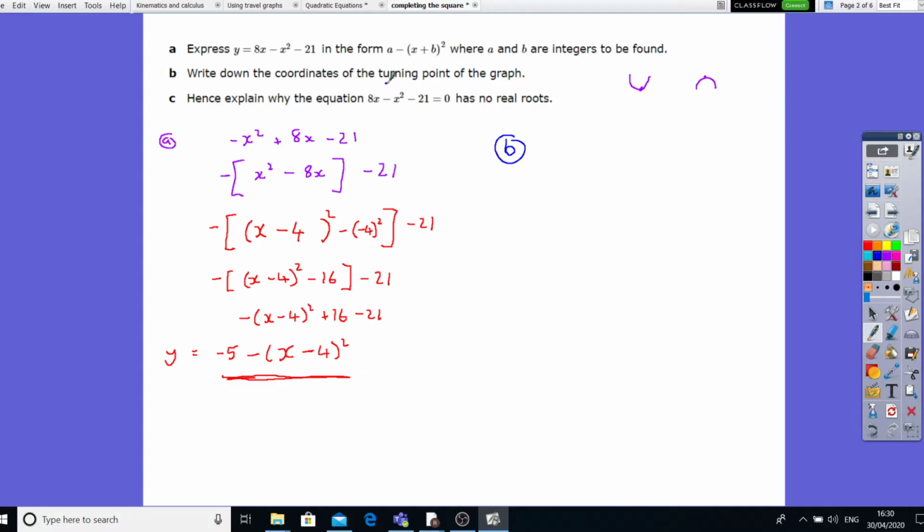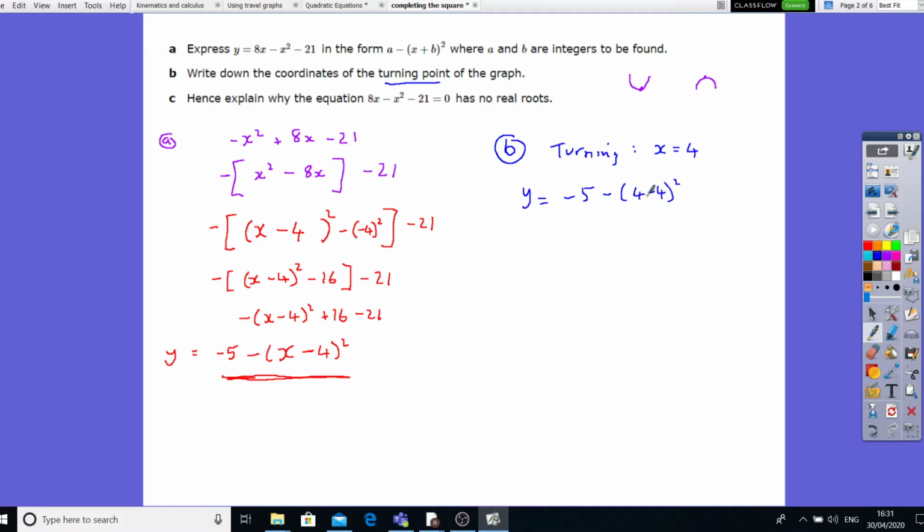What is the turning point? Now the turning point is when the bracket is equal to 0. We need to find the value of x when the bracket is 0, because we want the coordinates. So we know that at the turning point x must equal 4. If the turning point x equals 4, that means y would equal minus 5 minus 4 minus 4 squared.